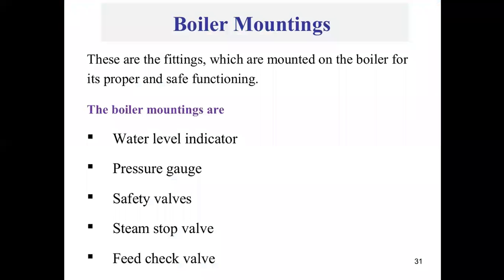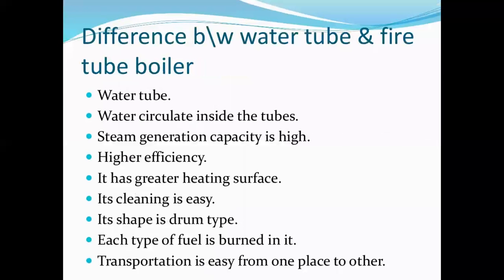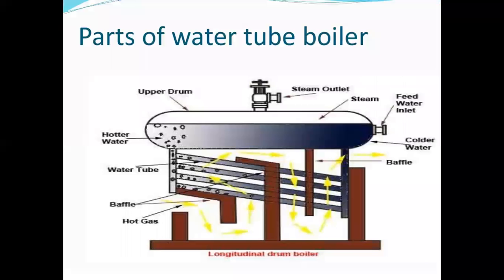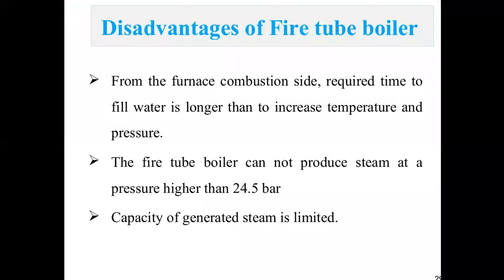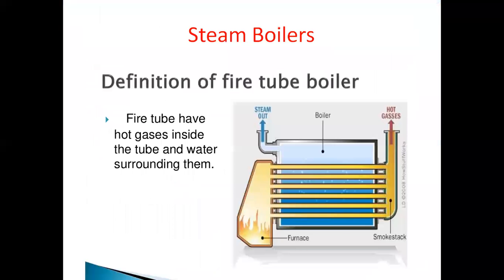So today we discussed the comparison. Let us revise today's topics. First, the fire tube boiler: what is a fire tube boiler, the parts of a fire tube boiler, the working of a fire tube boiler, and its advantages and disadvantages.